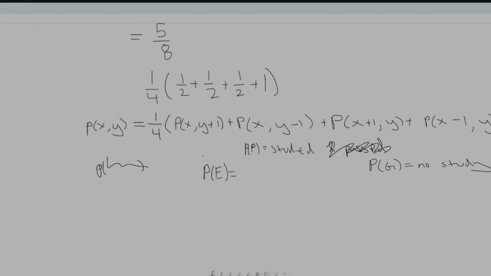The portion of students who pass the test, so the percentage of students that pass the test, is equal to the percentage of students who studied times the students who studied and passed, plus the percentage of students who didn't study and passed, which is basically what this is saying. And then you have the equation.